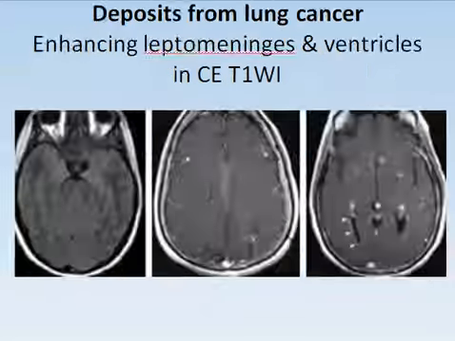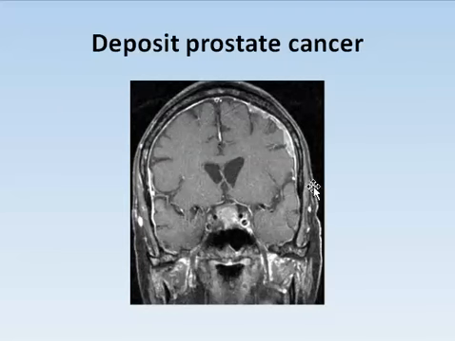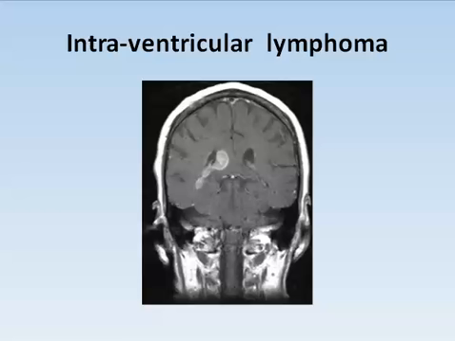Here it is. The mass is leptomeningeal as well as a suprasellar mass. Here is intraventricular lymphoma, another appearance of lymphoma. As we said, it is usually crossing.